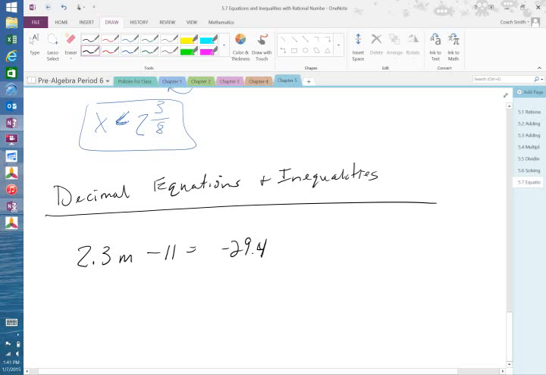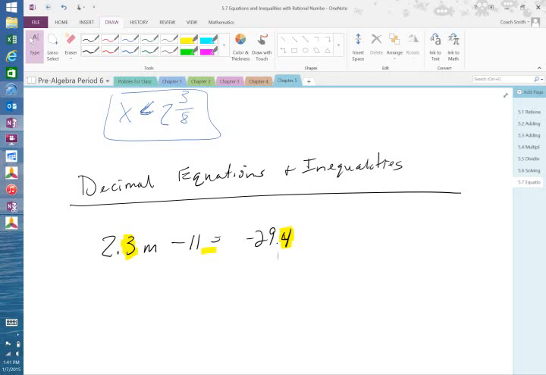Well, the way we can make this easier is we get rid of the decimal in each of the terms. Okay? What you have to check though is this. There's one decimal place, no decimal places, and one decimal place. So what's our greatest amount of decimal places? 1. Okay? So, how do I move the decimal one place? Well, you would multiply by 10 to each term.